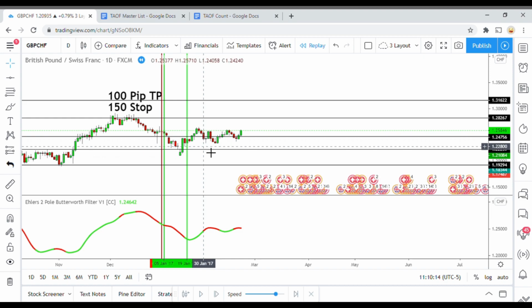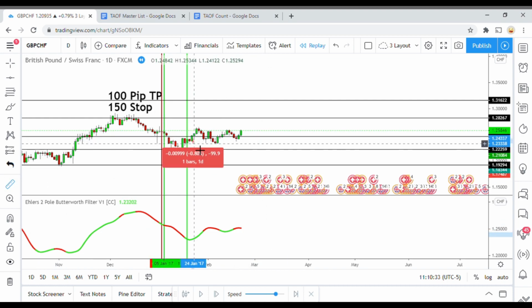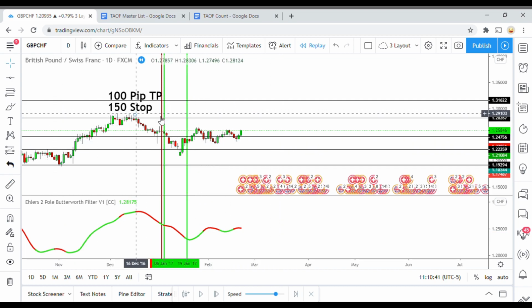So looks like we pick up a short over here on this side. Looks like we barely miss take profits.